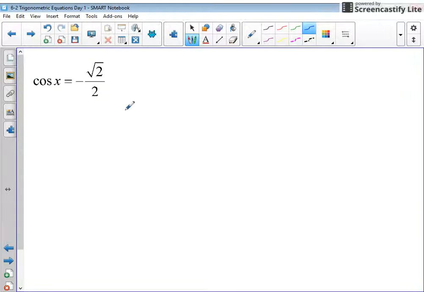Looking at another equation, if we have the cosine of x equals negative radical 2 over 2, well, we're finding which value would that be? Would that be x or y? Good, that would be the x. And remember there are three coordinates over here. The one that's right in the middle is the one where you have those radical 2's over 2's.